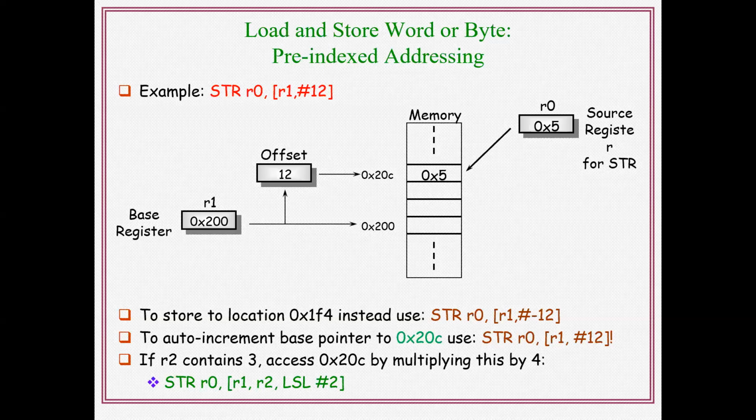Instead of using an immediate value directly, you can use it indirectly also, with the help of register contents shifted by some logical number. Okay, so that is one method. These are the different types of instructions supported in load and store.